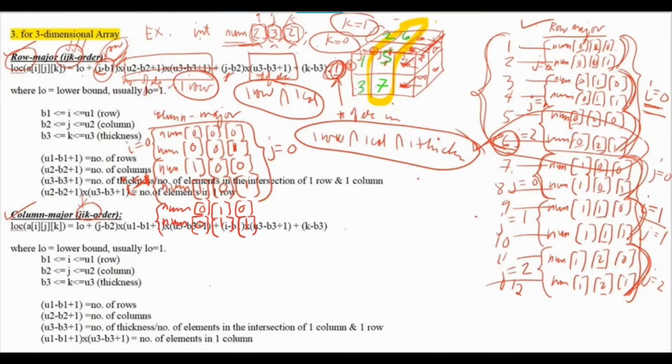So these two are the elements on the first row of the second column. Number 7 is num, i here is 1, j is 1, and the thickness k is 0. And at the back of number 7, that's number 8, the indices are 1 for i, 1 for j, and the thickness is 1.